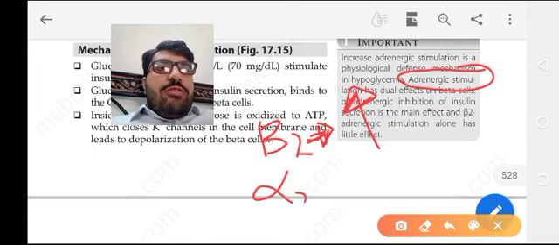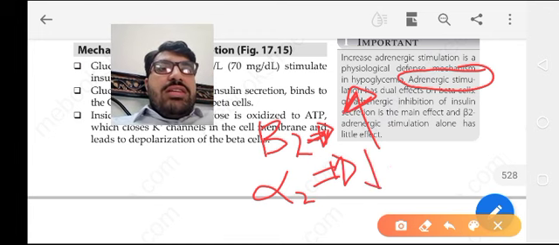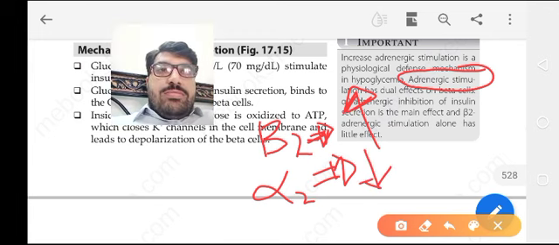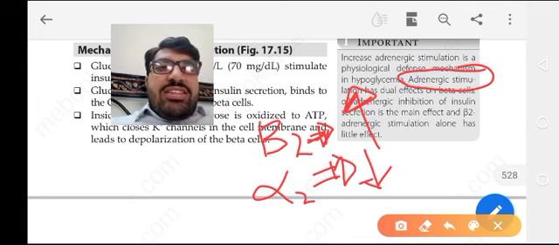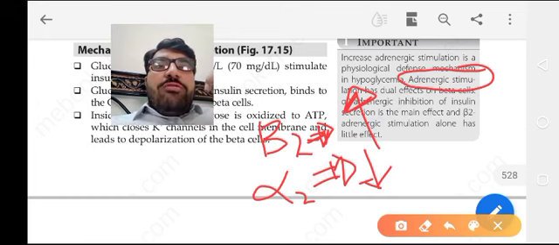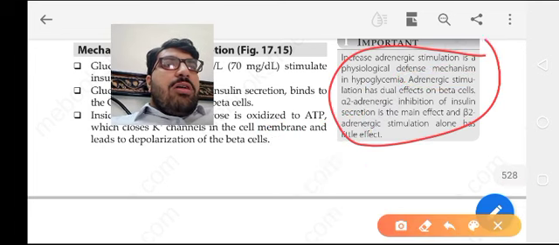Similarly, the alpha 2 stimulation causes decrease insulin release. Here is the reference of the Ganong book, and this is one of the most trusted books for the FCPS purpose. Whenever the alpha 2 is stimulated, there is decrease in insulin production, and whenever the alpha 2 is blocked, there is increase in insulin production. So just read this paragraph.